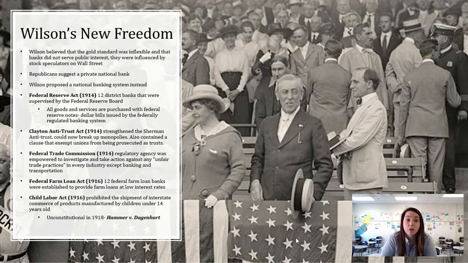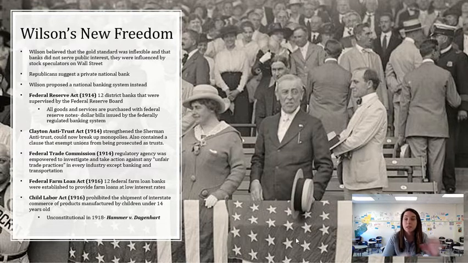There are 12 district banks. It's supervised by the federal government, and it oversees the amount of money and inflation and interest rates and all of that. To a certain extent, it limits the bubbles and the bursts of the bubbles and speculation.